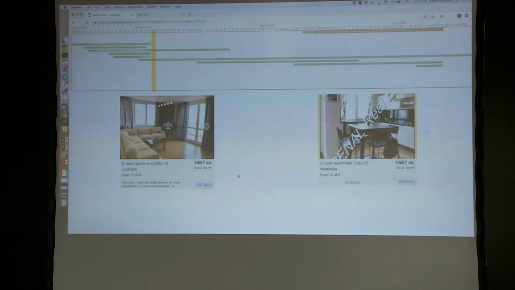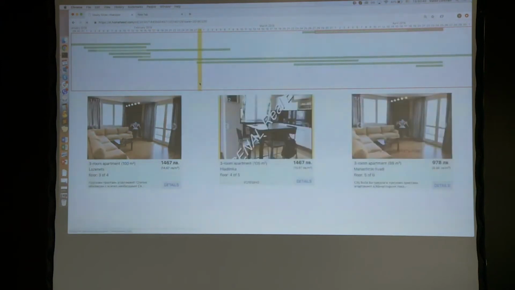And why images? Can we just use the description, like size, price, and so on? It's a good start, but see what happens. After the apartment is rented out, another listing appears. And check the price. It's 33% less. Instead of 1,500, it's even less than 1,000.